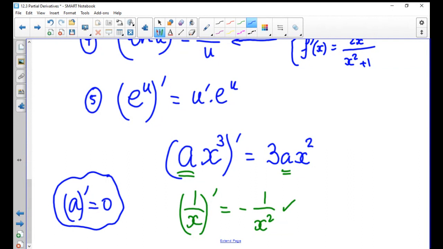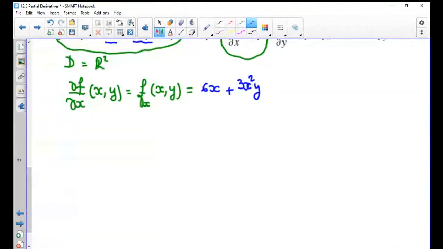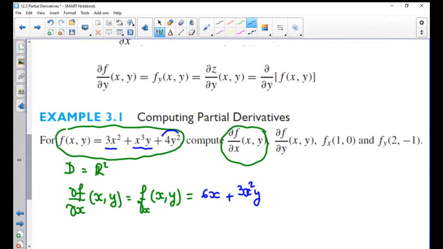It doesn't matter what this constant is. 10, 20, 30, its derivative will be zero. Here, because this term has no x, it's like a constant with respect to x, so its derivative is zero. So that's how it works.